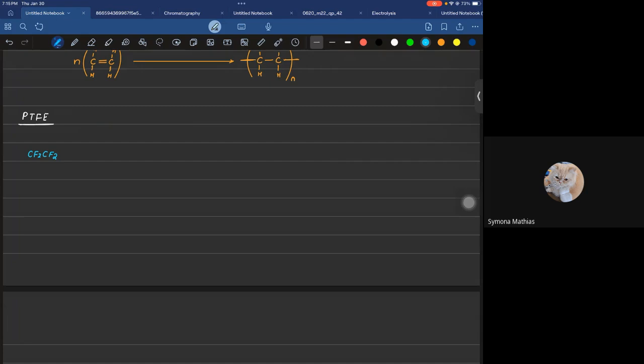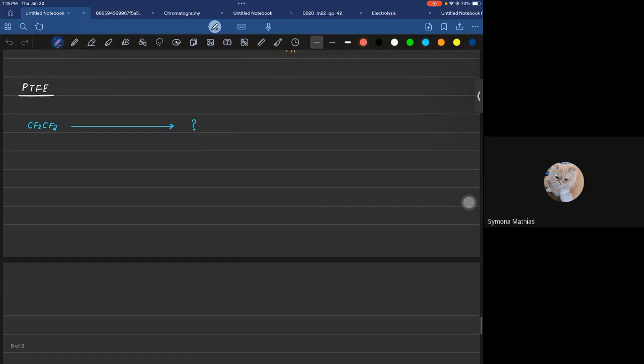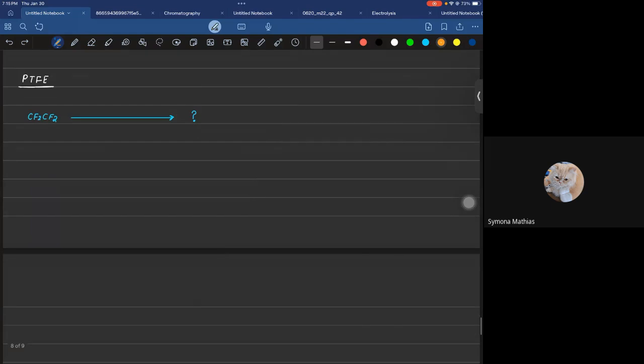This is your monomer. You have to form a polymer. So you are supposed to write down the structure of this molecule in a proper manner so that you can combine and then form a polymer.